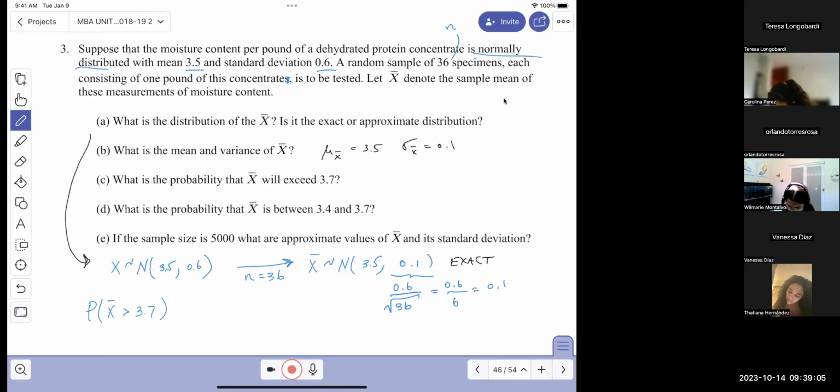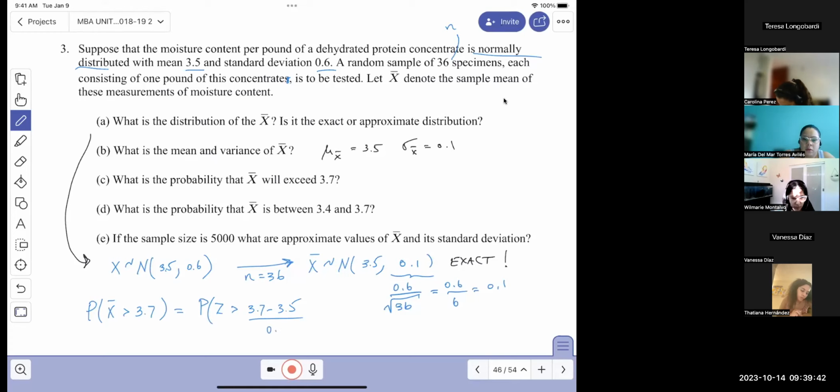You just have to do one step and then you end up with the standard normal distribution that you know how to use, right? Because you're not allowed to forget anything you learn in this class. So what do I do with this? I standardize it. I turn X bar into a Z: 3.7 minus 3.5 divided by what? 0.1.